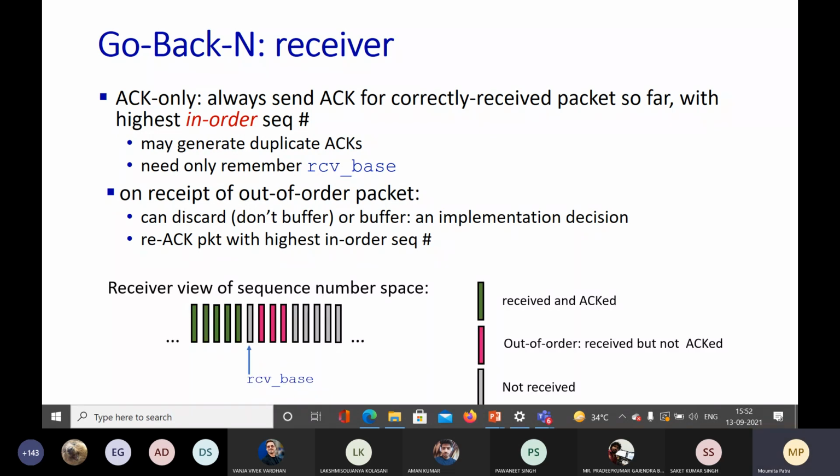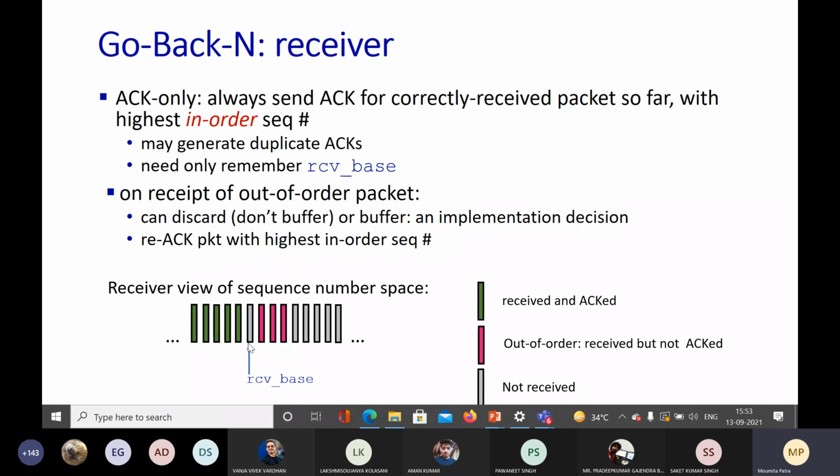So this is the receiver base. This is what the receiver is going to expect. These green ones are the received packets and they have been acknowledged also. These packets have not been received yet. And the out of order packets are packets which have been received but are not acknowledged yet.